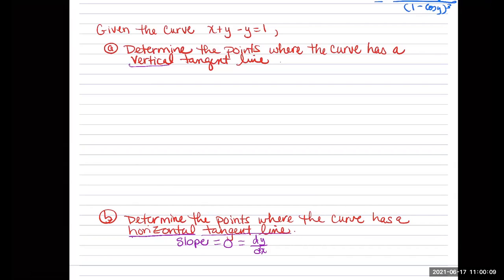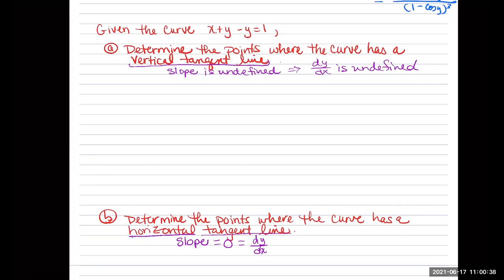What do we know about the slopes of vertical lines? If a line is vertical, what do we know about its slope? Yeah, it's undefined. Very good. The slope is undefined. So that means that we are going to be looking for the places where dy/dx is undefined, because that's where we will have a vertical tangent line.